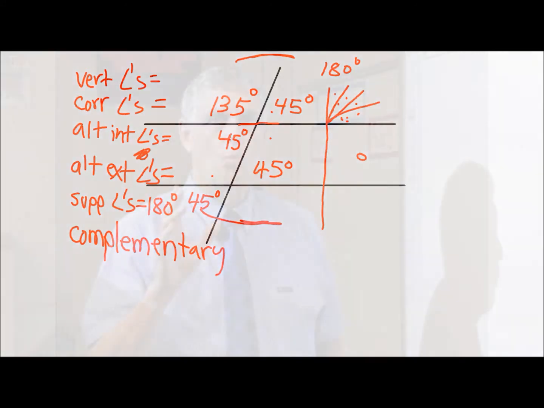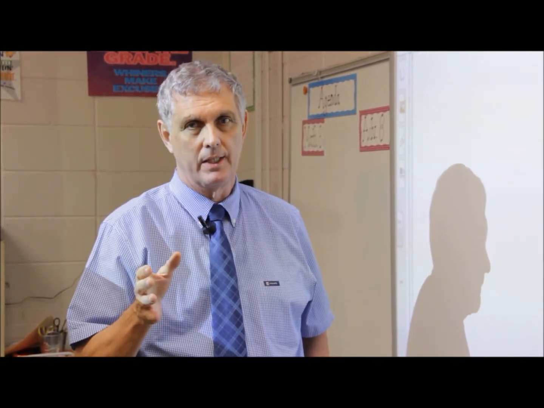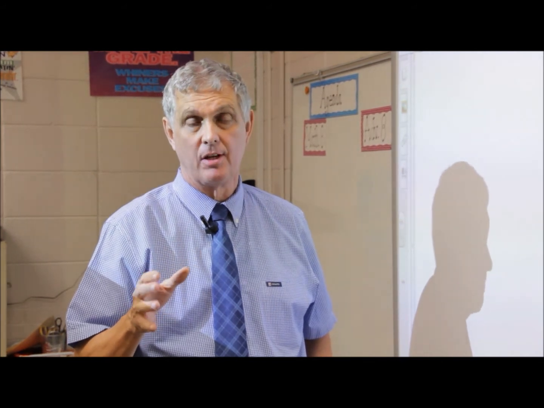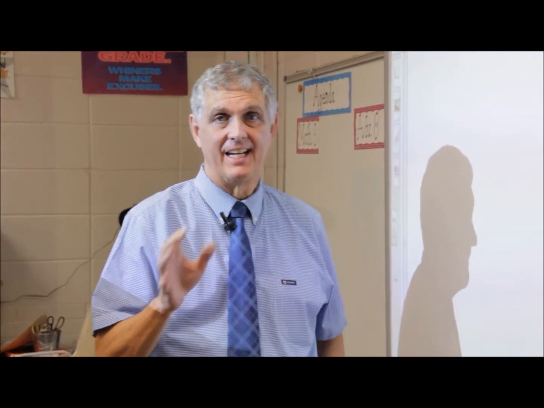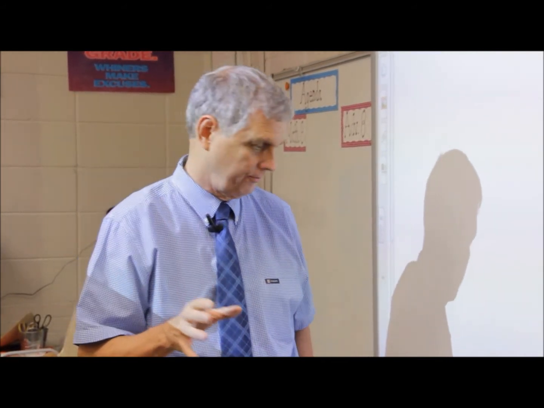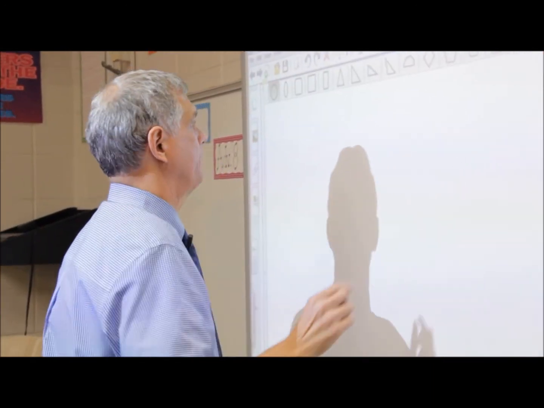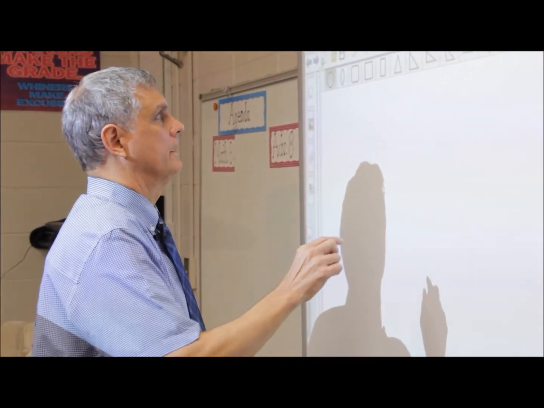Let's look at one more basic angle relationship before we go look at some of the problems, and that is angles that are inside triangles. Let's start by putting a triangle up here. Let me just pick one. Let's see, that looks like a good triangle.